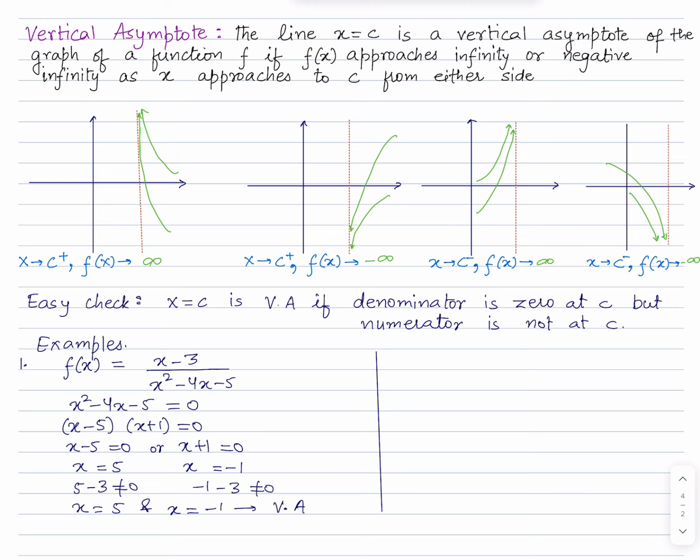Another way you can do is you factorize your denominator, cancel out the common terms, and then find the points at which your denominator is equal to 0.